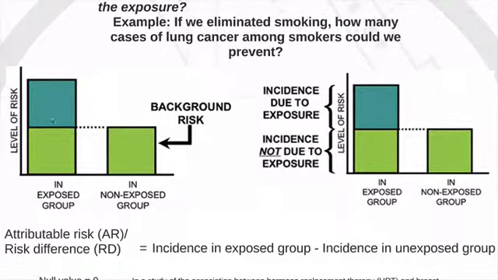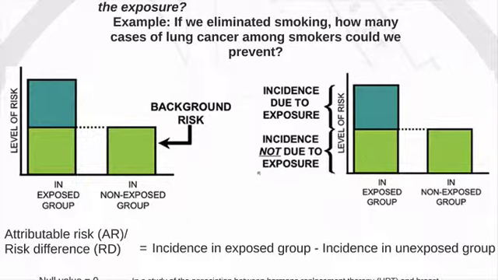But in our exposed group, when our exposure is a risk factor, we're going to have those background cases, those cases that would have been there even without our exposure, and then we're going to have this bump up. And this bump up is what is attributable, what is due to our exposure. So here this graph is just showing you how much of the incidence is due to background risk and would have happened anyway, and how much incidence is due to exposure.